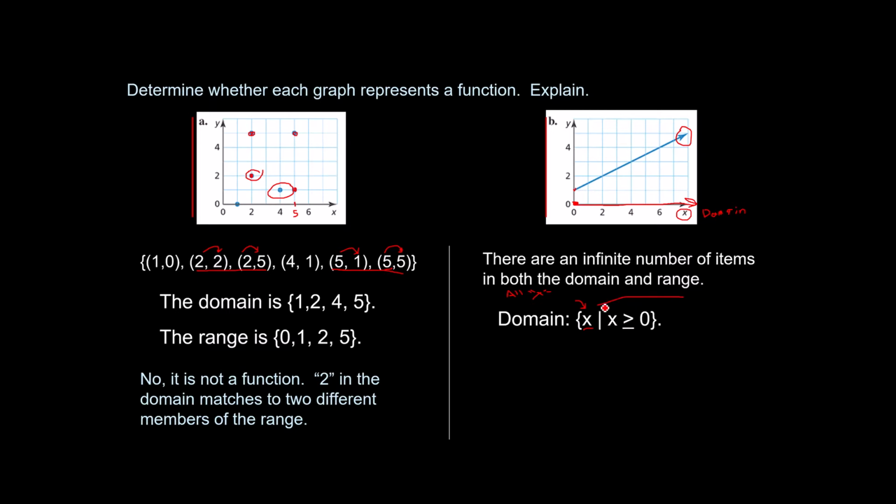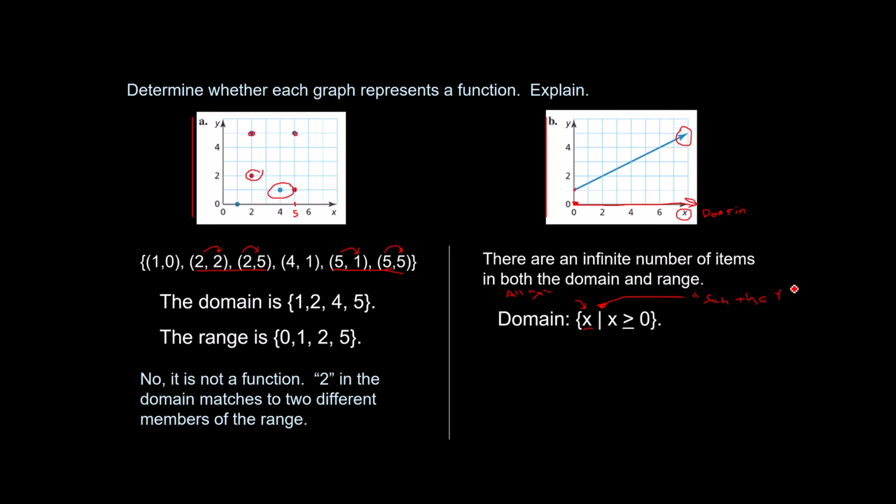This little symbol right here, that little vertical bar that looks kind of like part of an absolute value bar, is a symbol that means such that, or sometimes we use the phrase as long as.